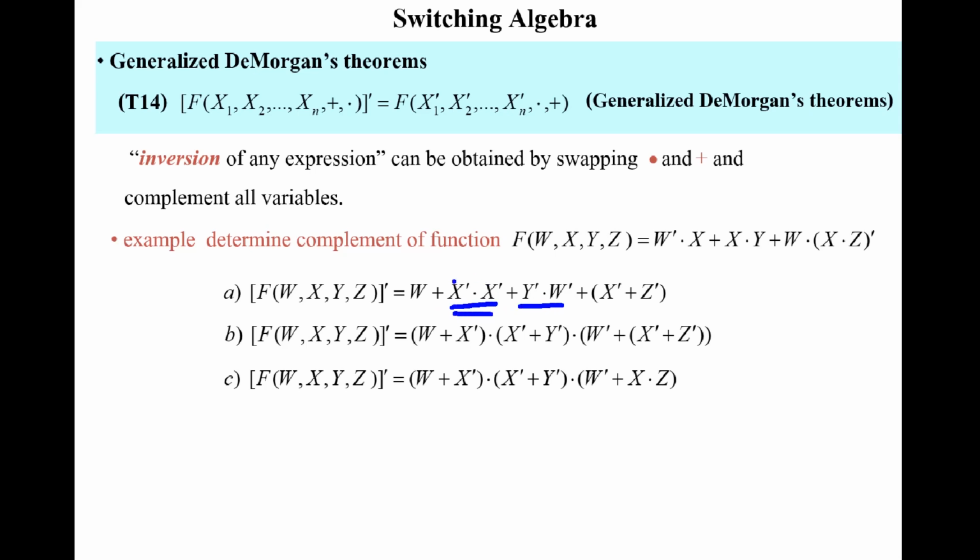You must do AND first, right? But this one does W and X. So what's wrong? Yes, you forgot parentheses. You should add parentheses to keep the order of operators.